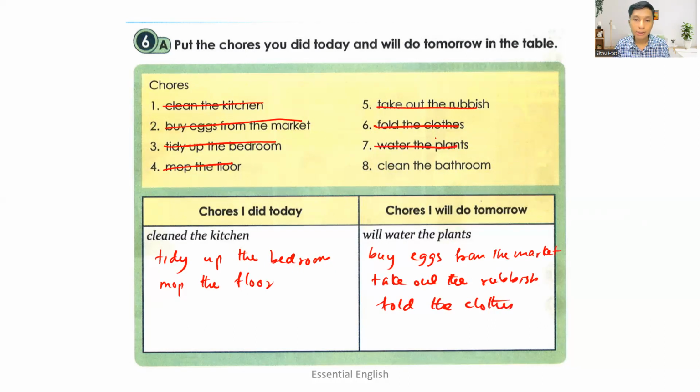Okay, here the phrase is given as an example for the column chores I will do tomorrow. And clean the bathroom. Okay, please think, did you clean the bathroom today? Any possible answers are accepted. So you can write any chores in the column you think is correct.